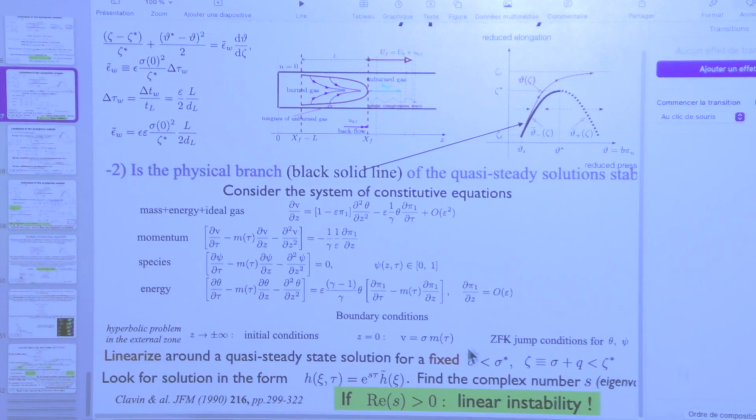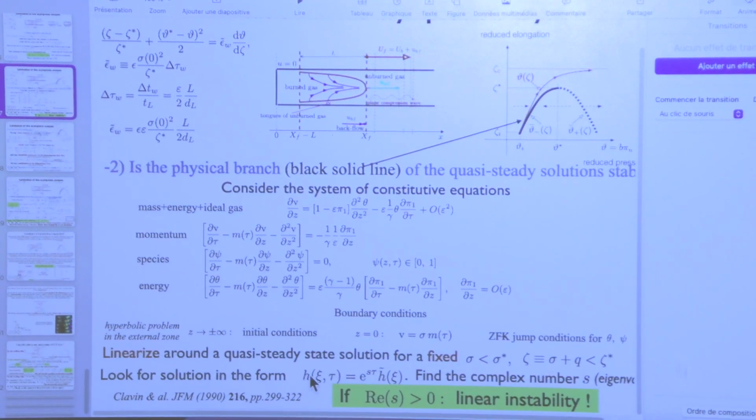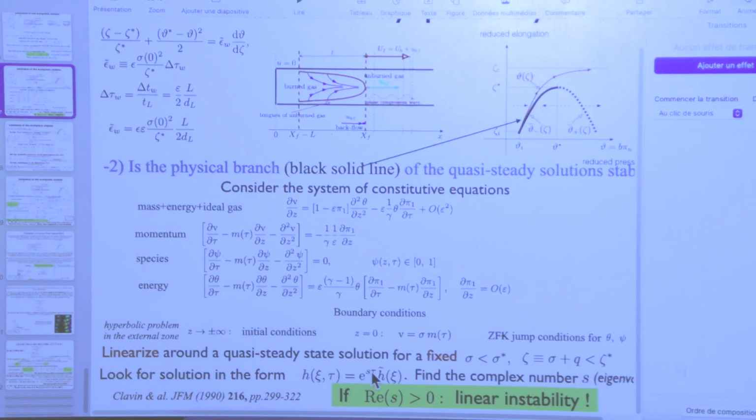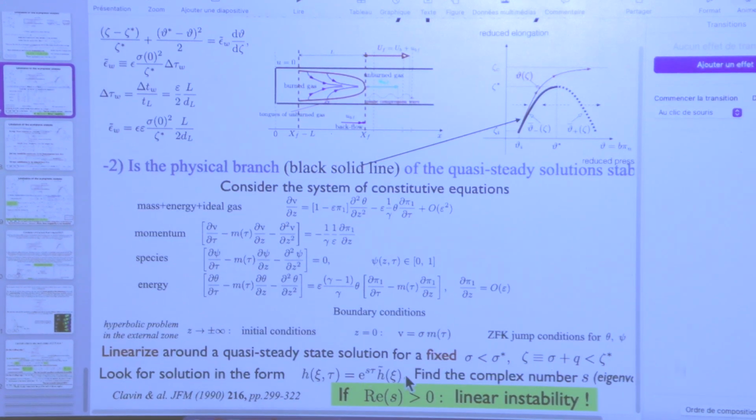If you look for a solution in the form of an exponential in time times a space function, you find, when you look at the unsteady analysis of this problem, that the real part of the growth rate is positive.